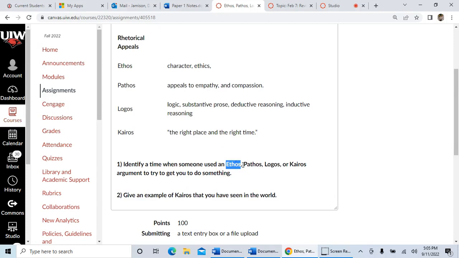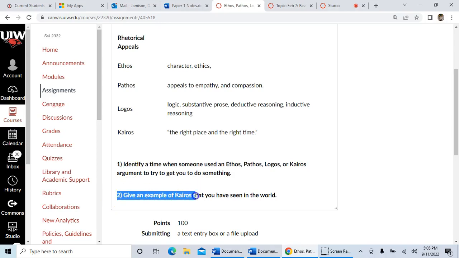Maybe she told you to take out the trash because her back hurt. That would be a pathos appeal. Maybe she told you to take out the trash because it was your brother's turn last time and now it's your turn. That'd be a logos appeal. Kairos might be the trash can fell over and spilled everywhere and now just take it out, right?